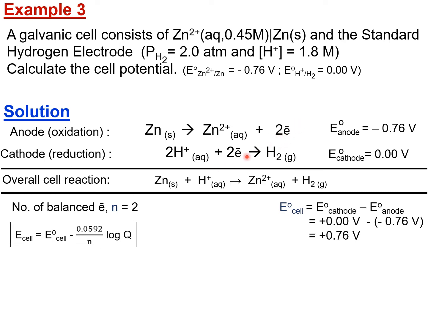Okay, so 2 ni boleh cancel with 2. So this is your overall cell reaction equation. And after that, carilah value ataupun nilai standard cell potential by using this formula. SRP value of cathode kena minuskan dengan SRP value of the anode, and you will get this value.